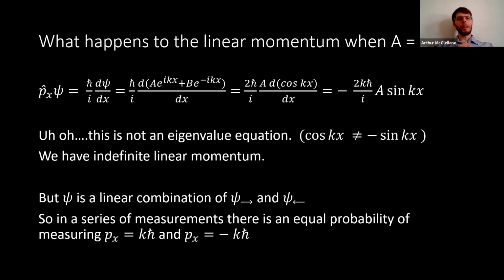We'd measure either k h bar or minus k h bar, and there would be equal probability of measuring both. So half the time we'd measure the particle going to the right, and half the time we'd measure the particle going to the left. That's because it exists in a linear superposition of these eigenfunction states, which is one of the really counterintuitive properties of quantum mechanics.